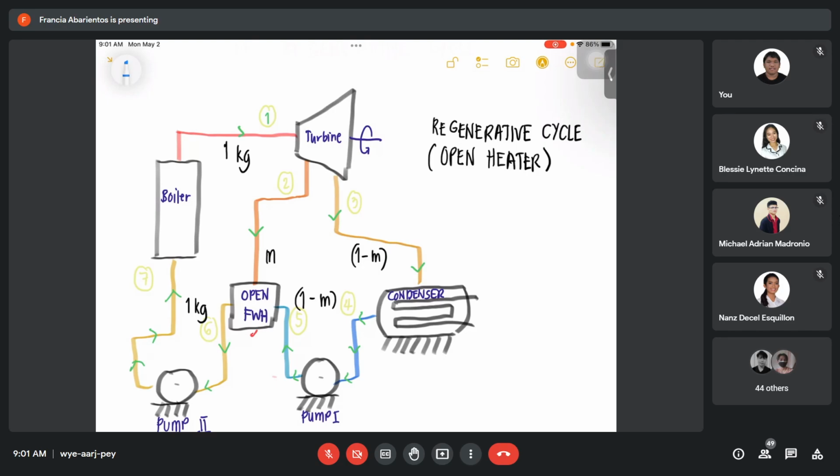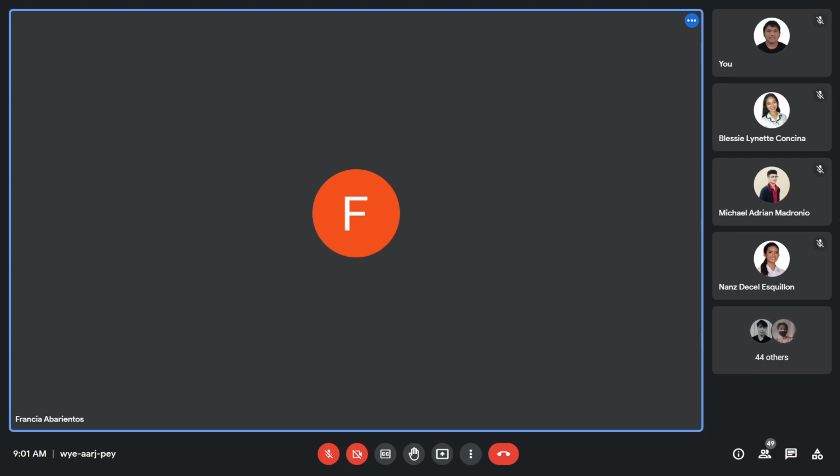Ayan. Screenshot ko lang. So, we move on to the closed feed water heater. Ayan. Hanapin ko muna class. So, while waiting, answeran nyo na class yung sa regenerative. Ayan. Nasaan na yung problem dito?